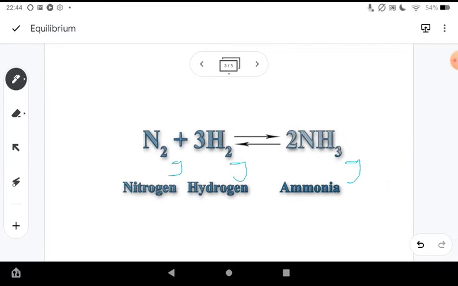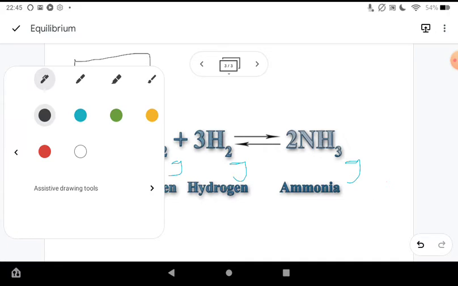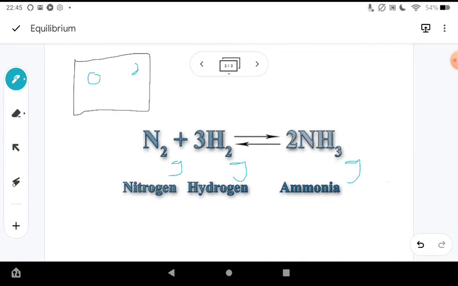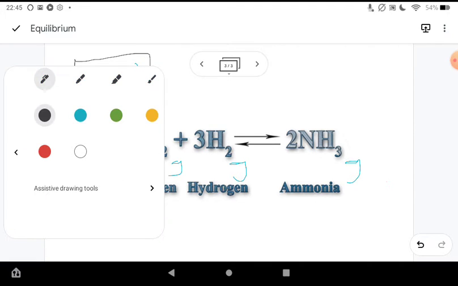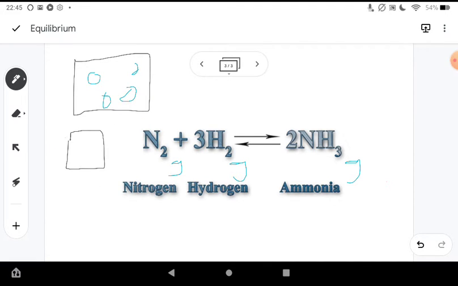Now, if I have a box like this, and I've got 1, 2, 3, 4 molecules, and then I make that box smaller, well, actually, those 4 molecules are now closer together. Right? It's not a particularly difficult concept to understand. When I make the box smaller, the gas particles are close together. That increases the pressure. It's what you do with a tyre. You put the gas particles closer together to make the pressure in the tyre higher. And therefore it can inflate and keep a whole car up.